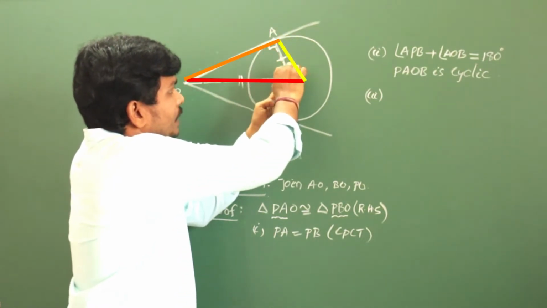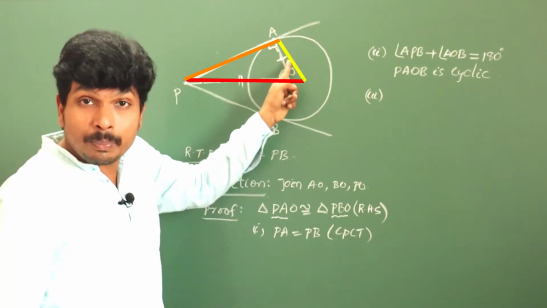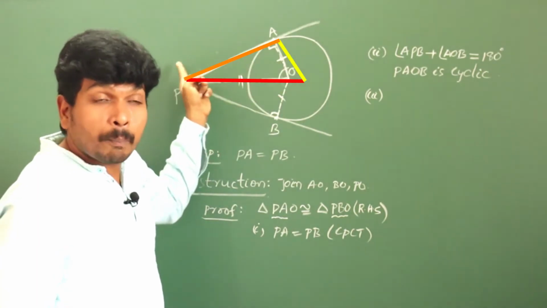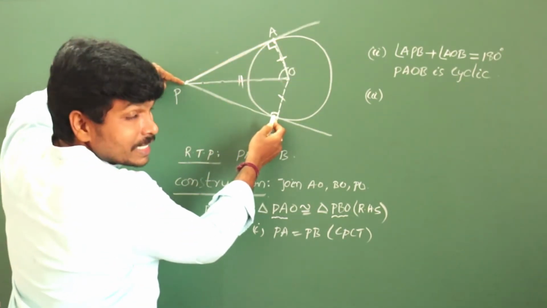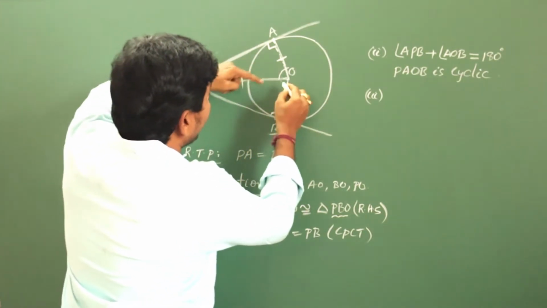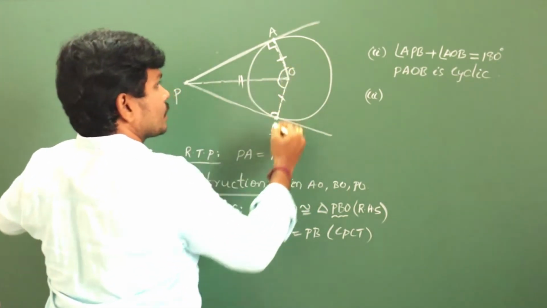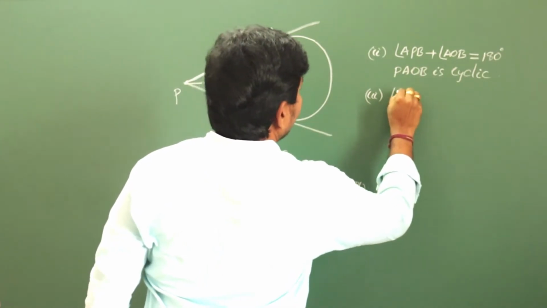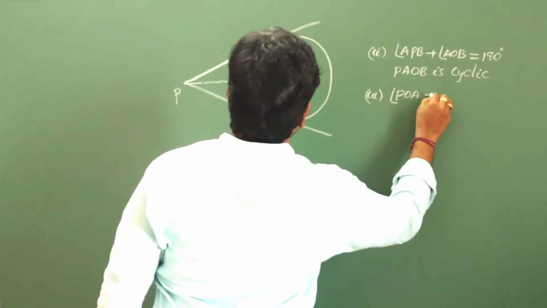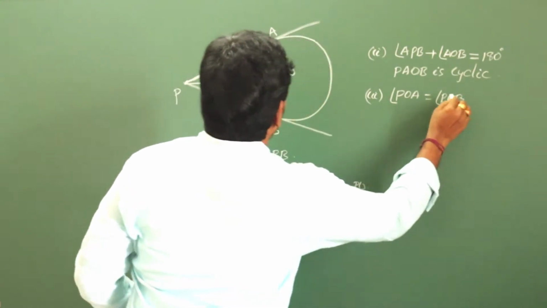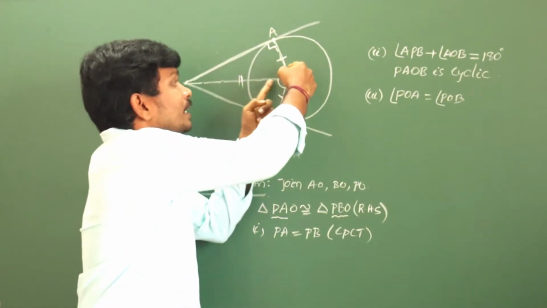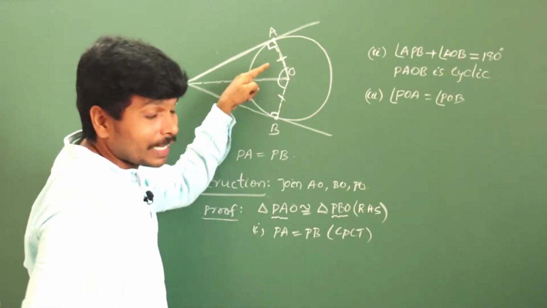You get this angle. The angle subtended by the tangent PA at the center is the same as the angle subtended by PB at the center. So angle POA is equal to angle POB. Angles subtended by the tangents at the center are equal.